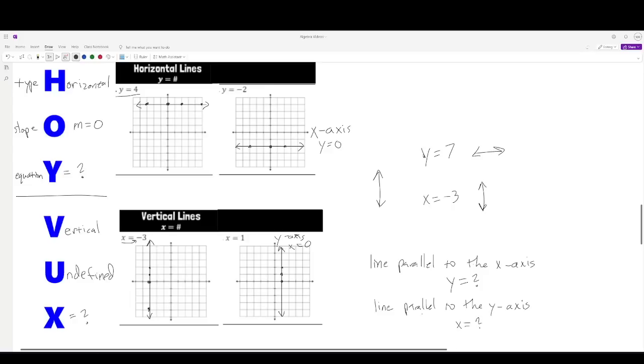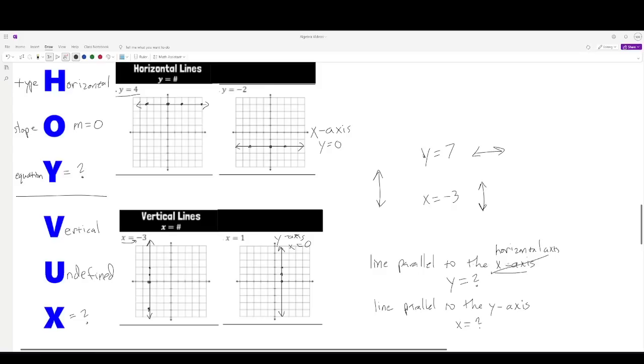So in that case, I find it better not to think about x or y because they clash with what we've kind of memorized or learned with HOY VUX. Instead, I think of line parallel to, and I say, which way does the x-axis go? The x-axis is the horizontal axis. So when I see x-axis, I'm going to replace it with horizontal axis.